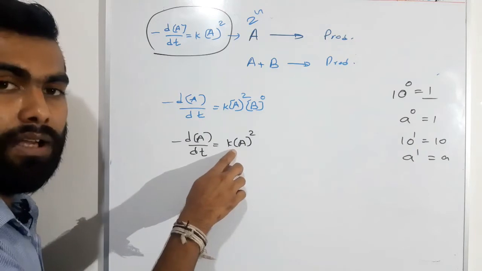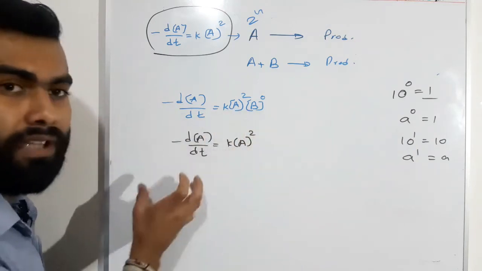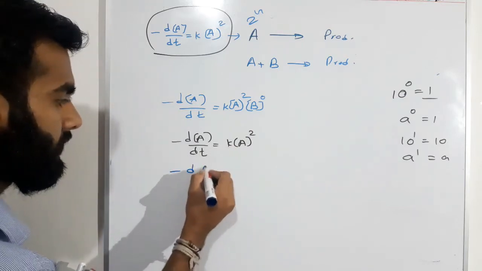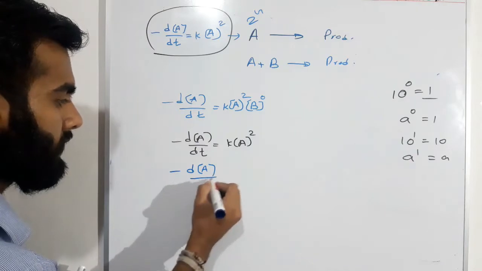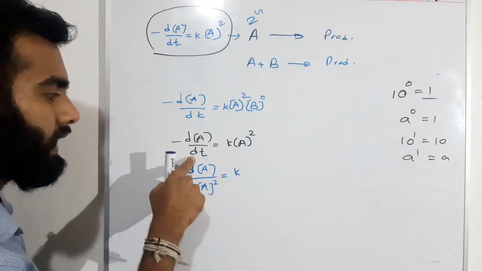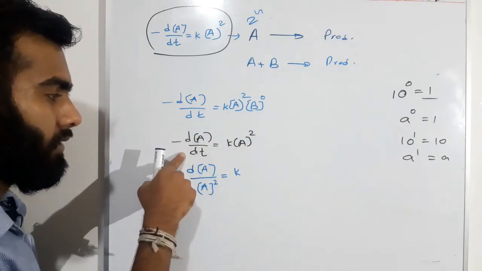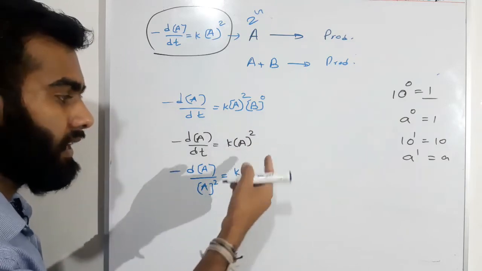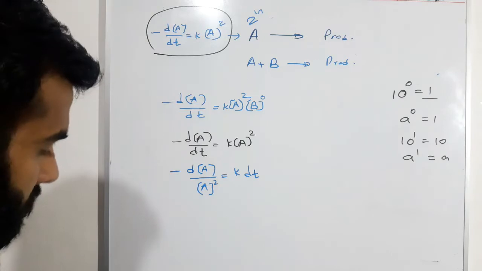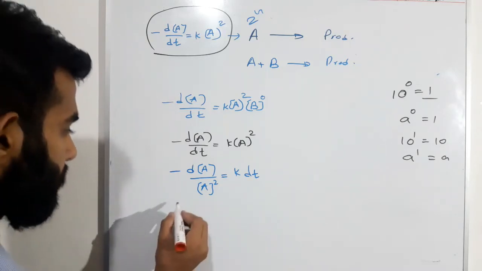Here it is a multiply, but when we move it from the right side to the left side, it will be a division. dA over A square, I moved it, and K, here dt I will move to its right side. Here it appears as a division. When it goes to the right side, it will be a multiply, dt. Okay. Now I will put the integration mark.